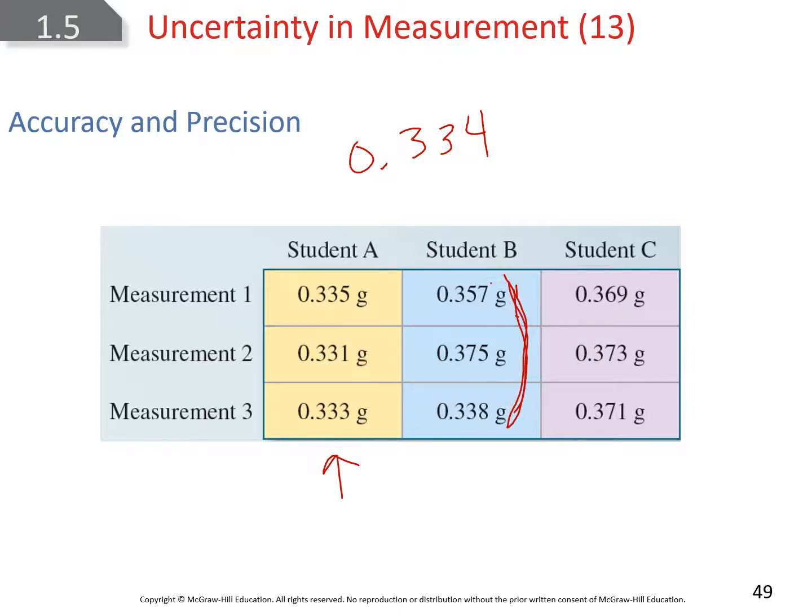Not only are they not close to 0.334, but they wildly range. So even if they're getting the wrong measurement, they're not even repeating the wrong measurement more than once. Student C, completely the wrong measurement, but is pretty precise in repeating herself. Not as accurate as student A, but still not too bad. So for overall accuracy and precision, student A is getting it the closest to our desired amount, and they've been able to repeat it pretty well.